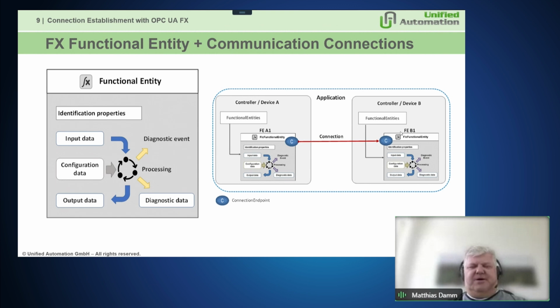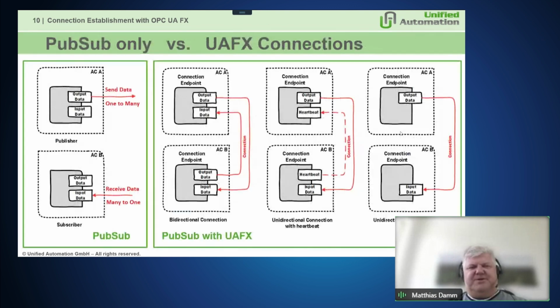The communication relation is always established between two functional entities, and one connection between two functional entities is always like the option to send data from functional entity A to functional entity B, and also on the way back. So we talk about different connection types in OPC UA FX.